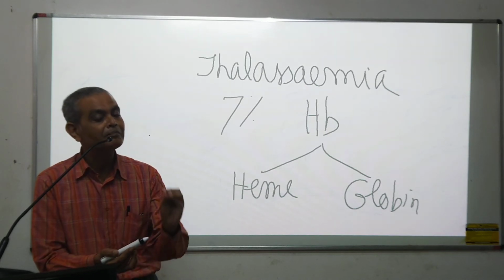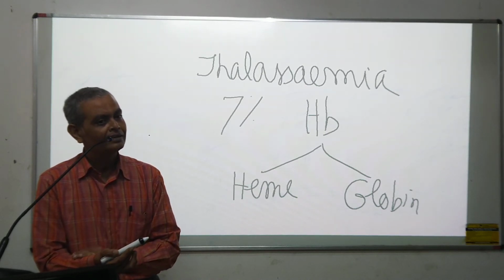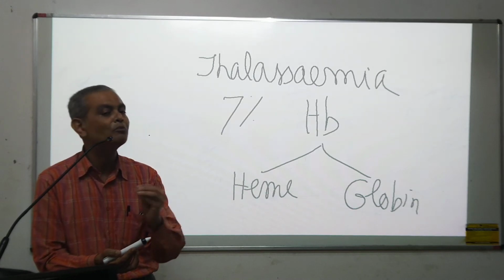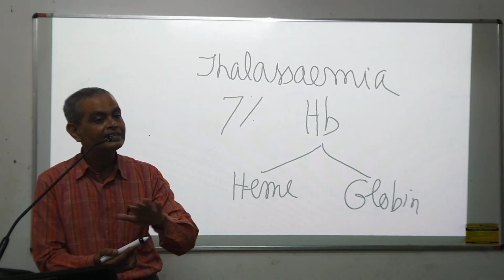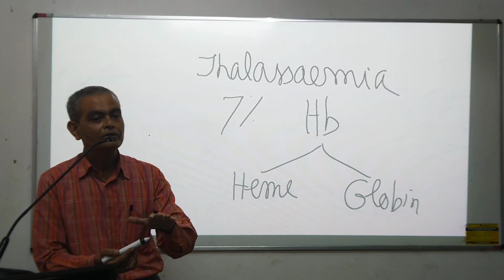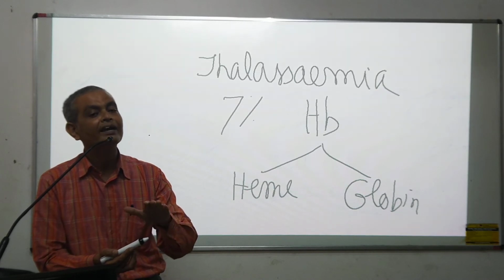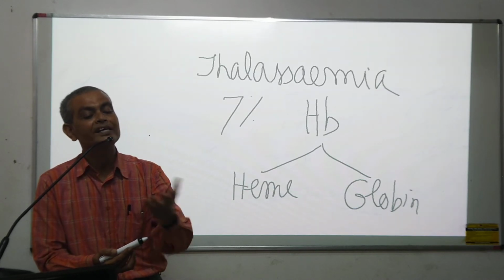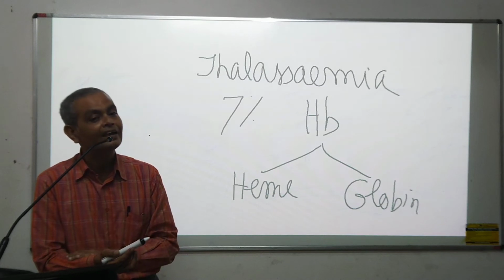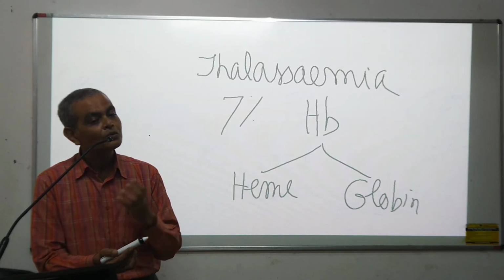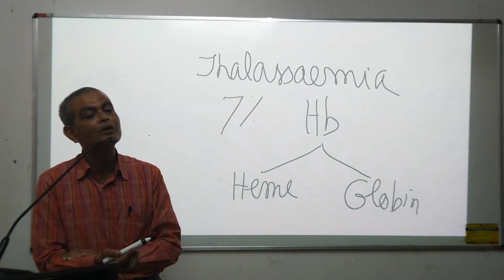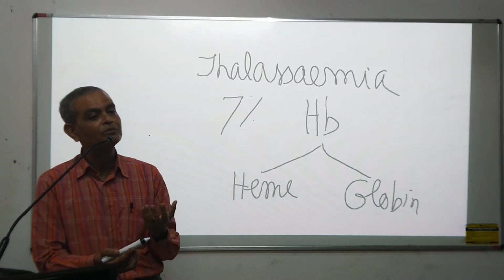Will the sitting place be comfortable? Though there is no abnormality in the heme, is it stable? No. You are never stable over a chair which has a short leg. So it cannot carry oxygen properly. So there will be some abnormality.